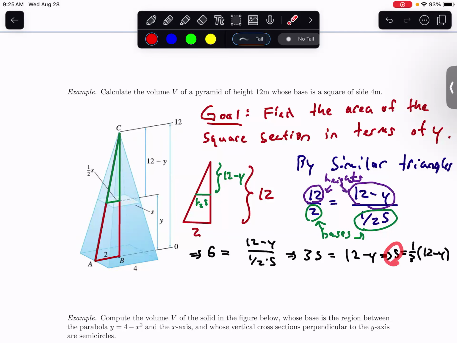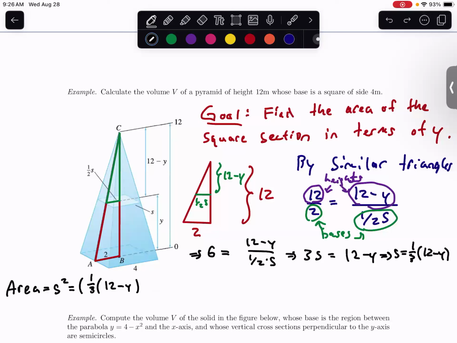So S is equal to 1 over 3 times 12 minus Y. What this means is now we can write out the area in terms of Y. The area is equal to S squared, which is really just equal to 1 over 3 times 12 minus Y, squared.